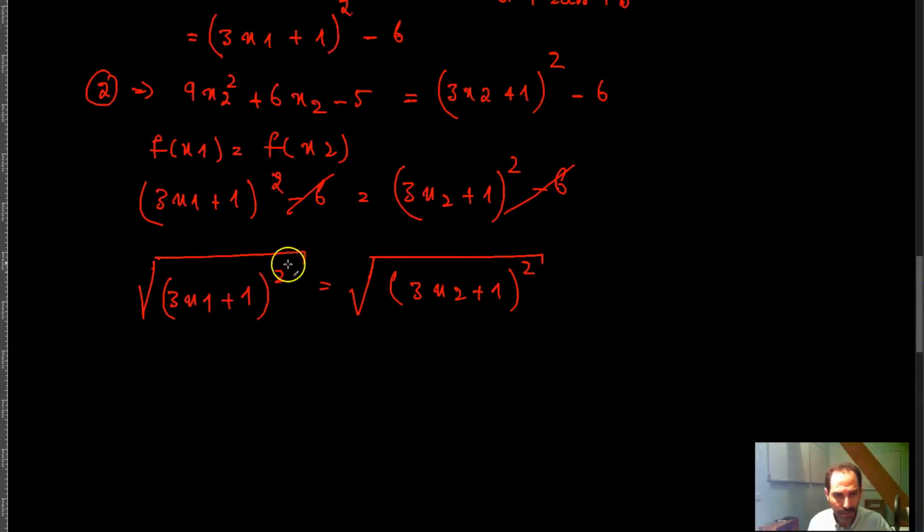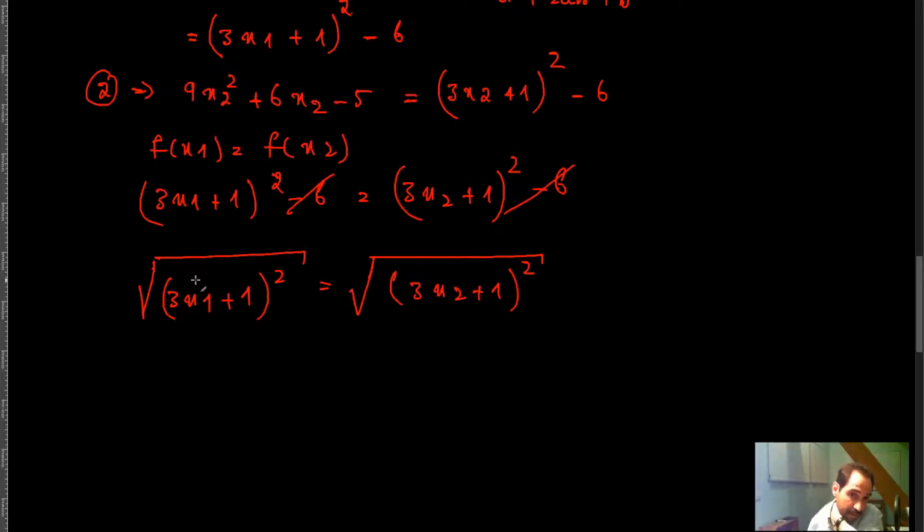In order to take the square root of the square of this expression, I need to know if this expression was positive, negative, or basically what this expression was in the first place.